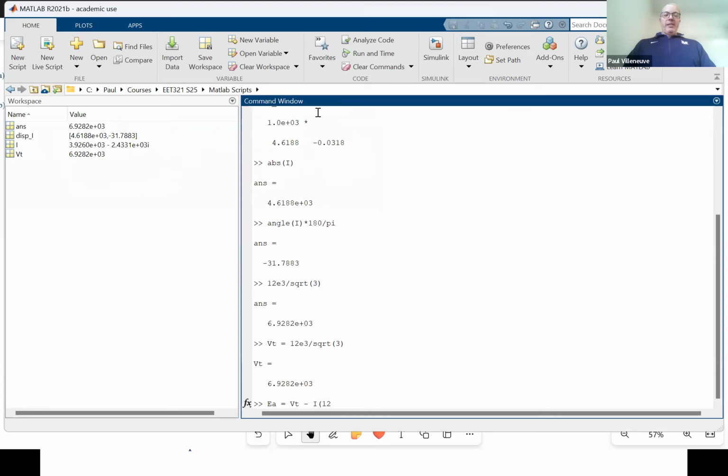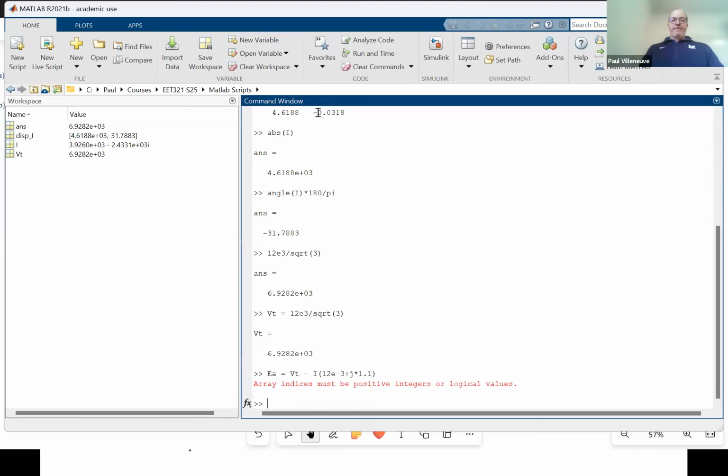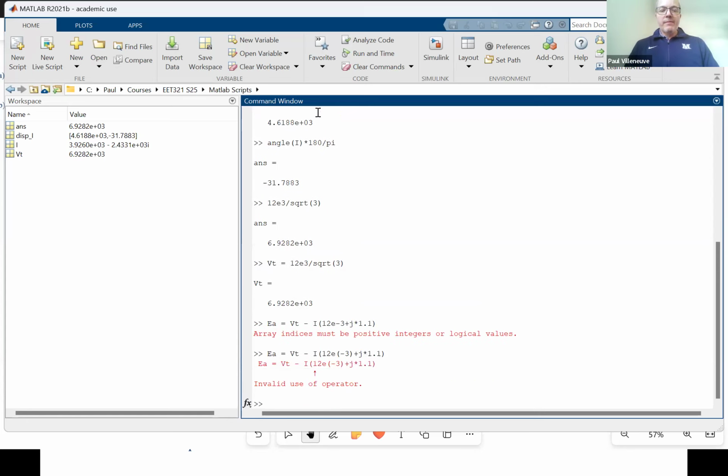It was 12 milliohms plus j. Oh, I guess I have to put a multiply here, and then here.